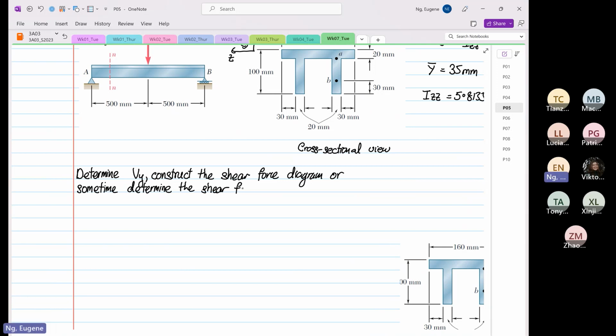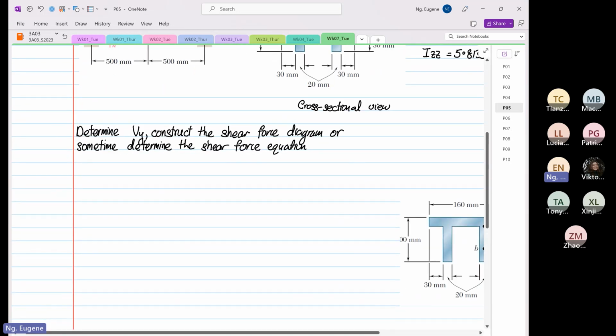In some situations you have to determine the shear force equation. Okay, so let's construct the shear force diagram. Before we do that, we need to draw our free body diagram.